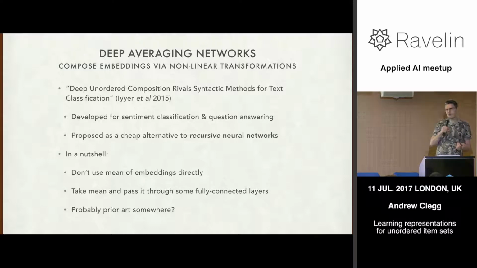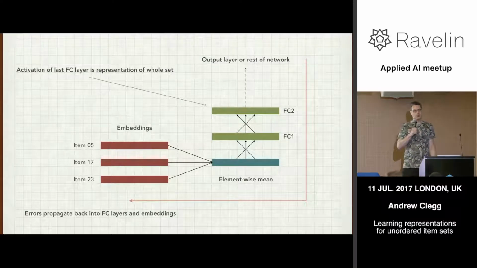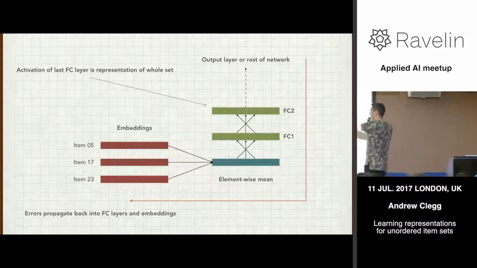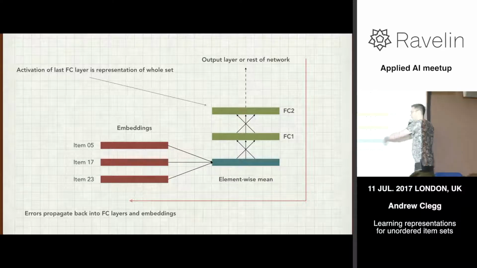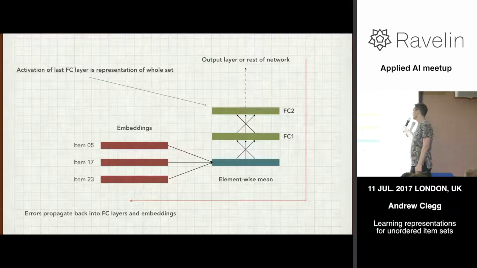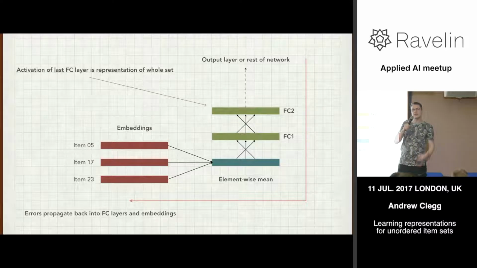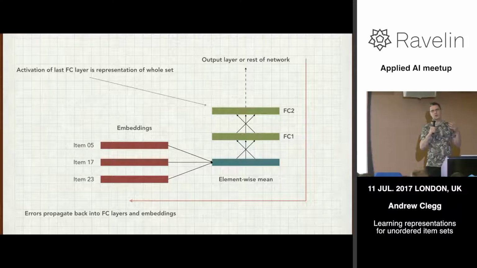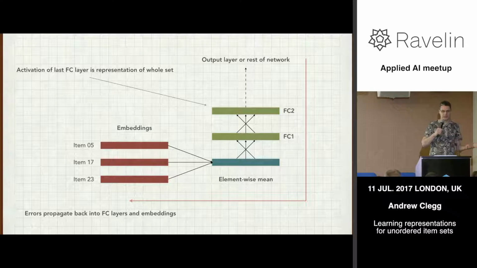And the idea is, basically, it's exactly the same as the previous approach, except you get the item embeddings here, these are initialized randomly, then you take their mean, so you get an embedding for the bag or set of the same dimensionality as the item embeddings, and then you just feed that through a number of dense, fully connected layers, and then the output of that is what you feed into your classifier, or what you combine with some other source of data in a more complex network.